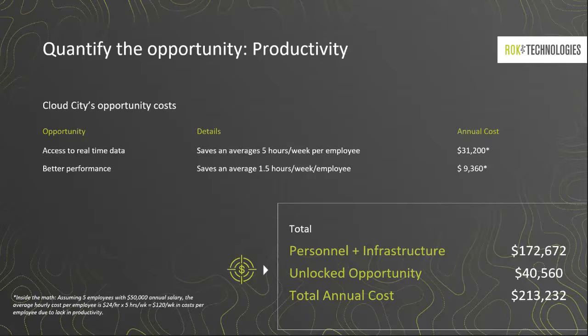So really take a minute to think about and quantify the number of hours you would save if you had a system that performed great. If everyone is working with the most up-to-date and the best tools available in real time. If you could take advantage of the latest tools to get your jobs done across your organization.